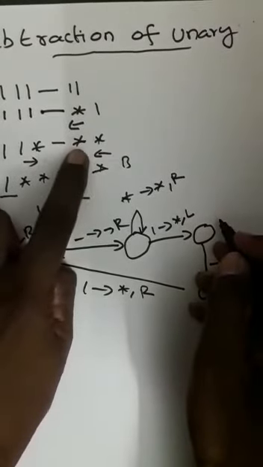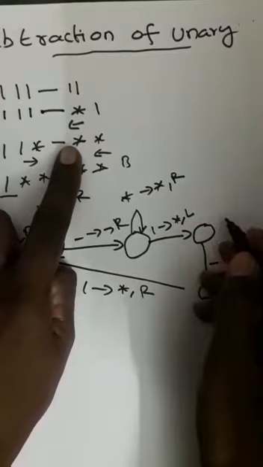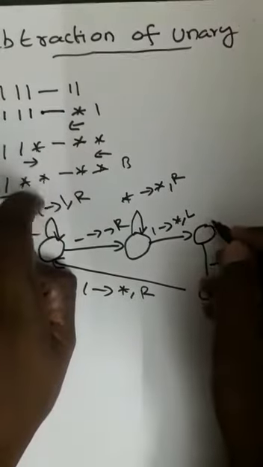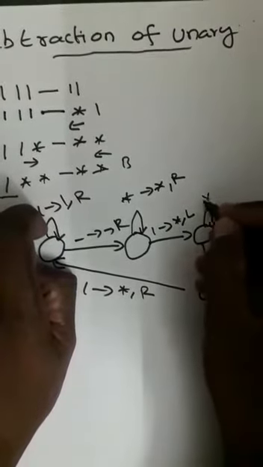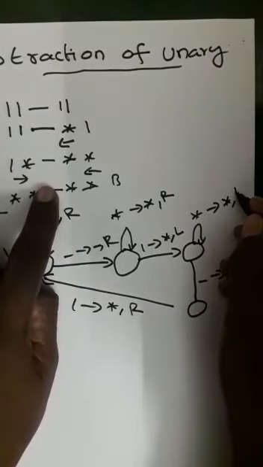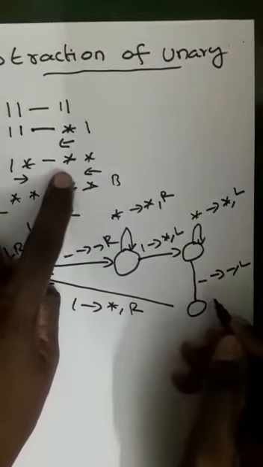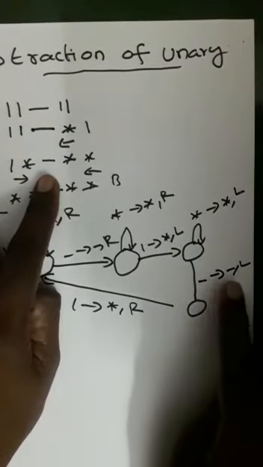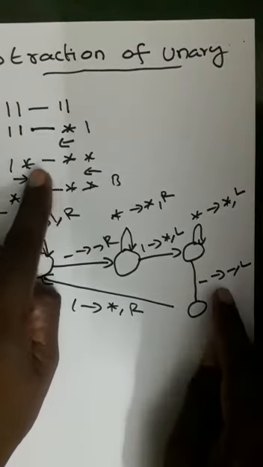Now whatever star comes, keep the star as it is, move towards left. Once minus is there, keep the minus as it is, move towards left.